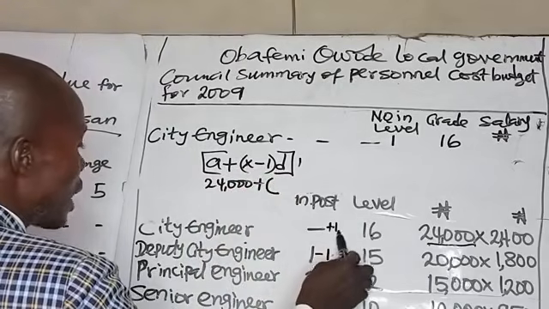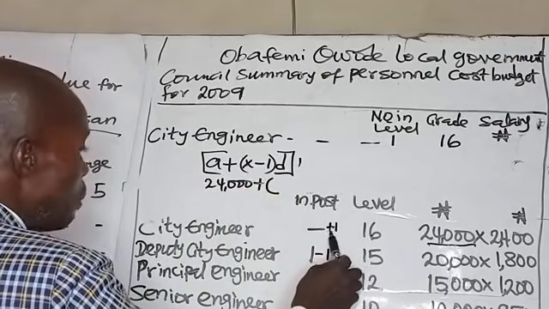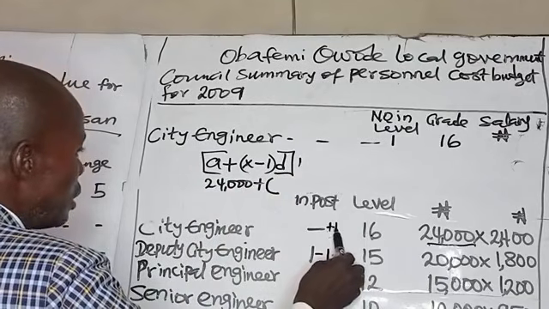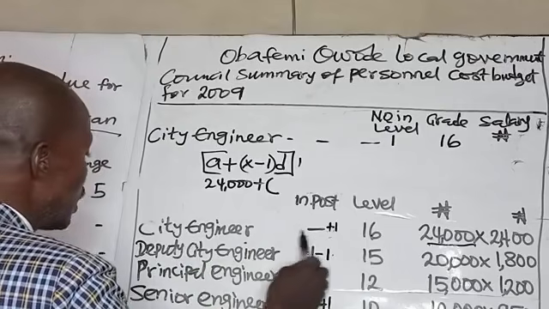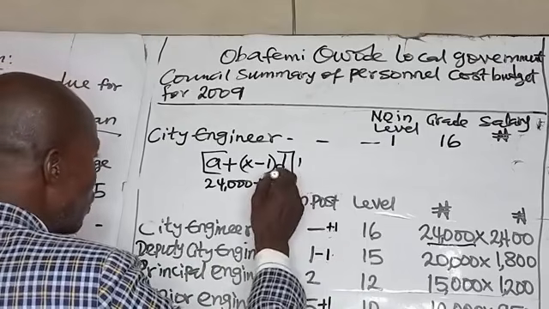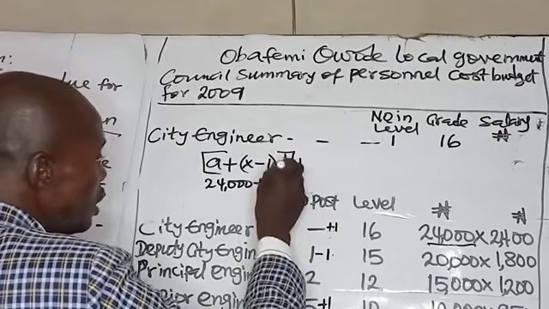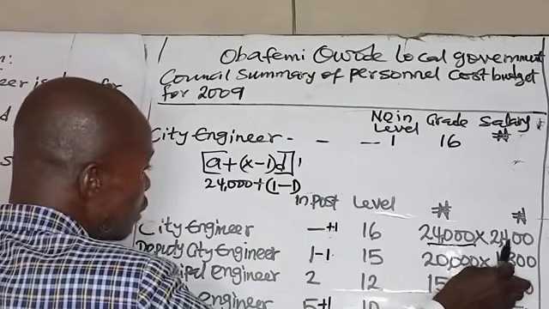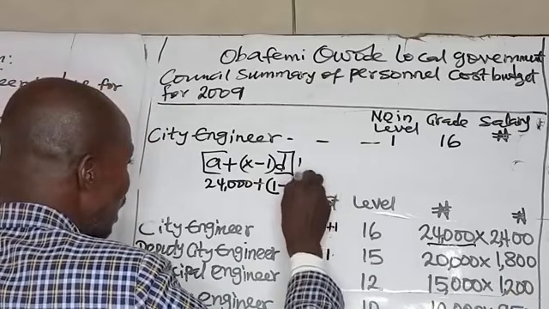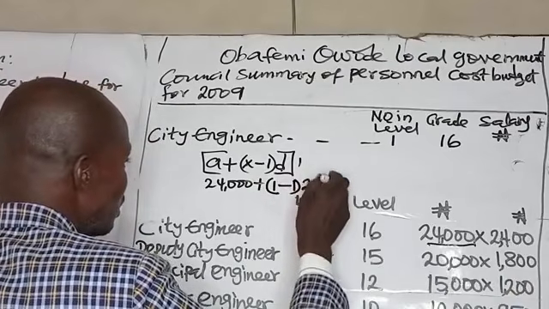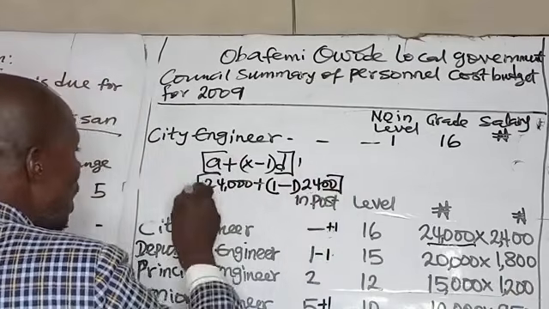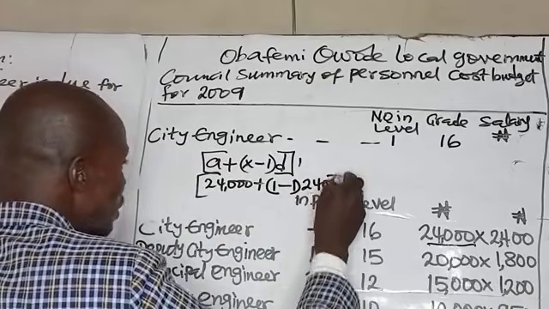Now I've told you that those that are promoted will be promoted to step 1. That means the one person who is now promoted to city engineer will be in step 1. So you have 1 minus 1 into D, and D is 2,400, which is the incremental, that is common difference, increment. And the number in that post is 1 person.